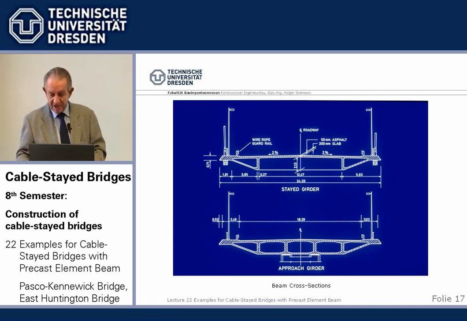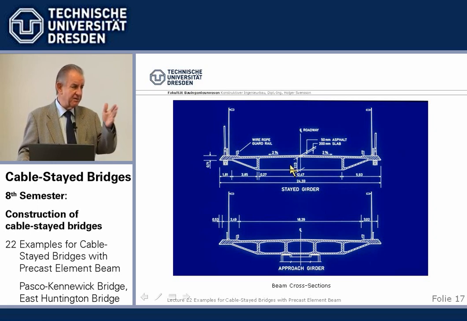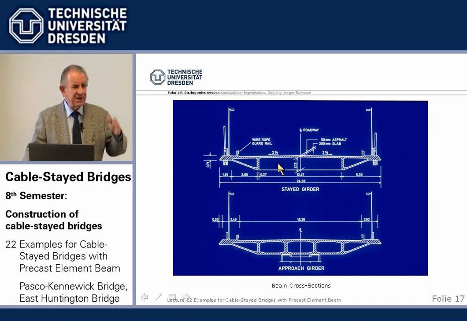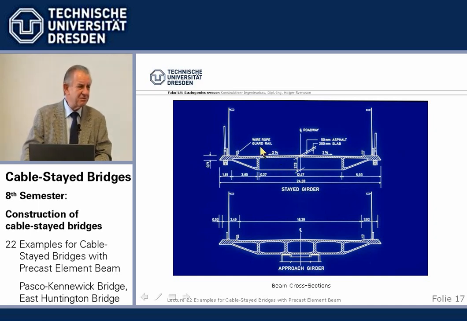The beam was on one hand aerodynamically shaped. First of all, this was basically designed by Professor Leonhardt himself, which we then realized. Low deck depth, 2.2 meters if I see it right, for 300, so it's 1 to 140, which at that time, that was early 70s, was rather low.